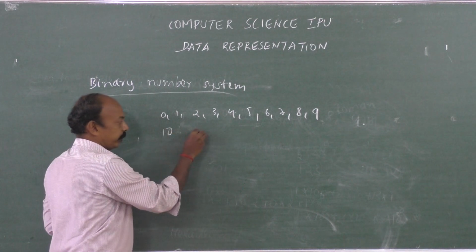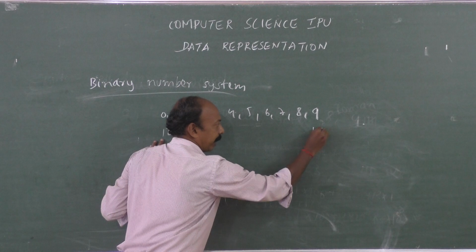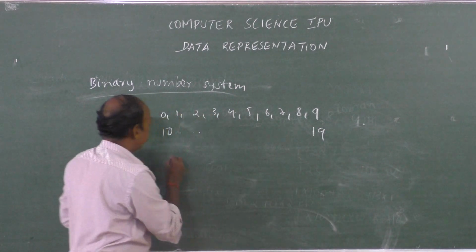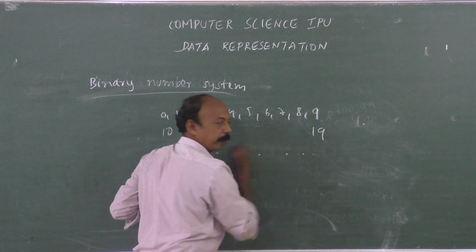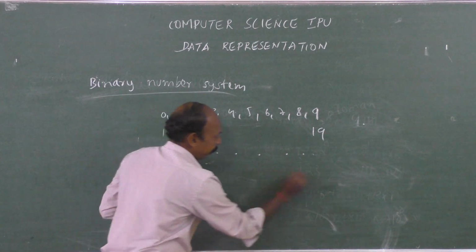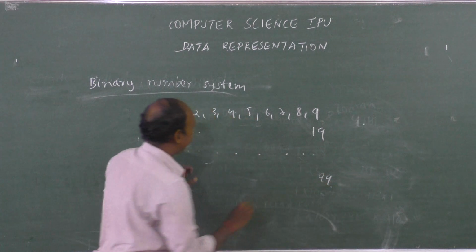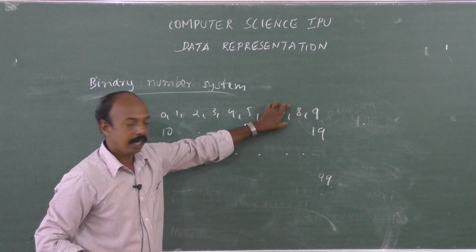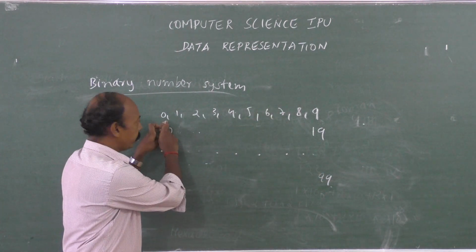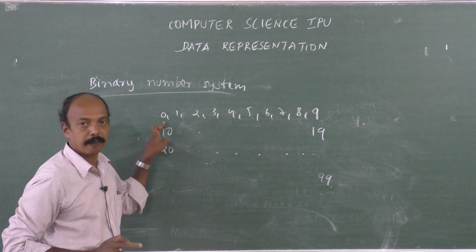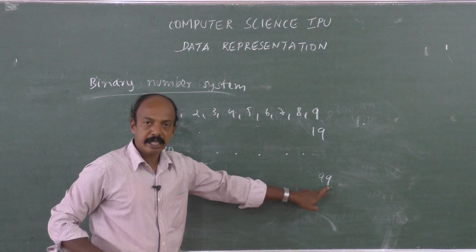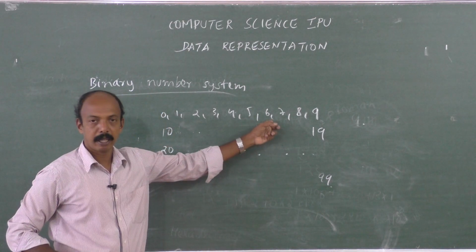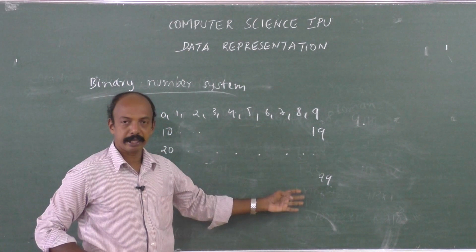So similarly continuing, we will write 1, 9. After 19, it becomes 2, 0. Like this, it will continue. So when we write 99, this is with respect to only one symbol. What we have done here, we had made use of two symbols now. So starting from 10 till 99, we are making use of two symbols, and all the possibilities we have written.